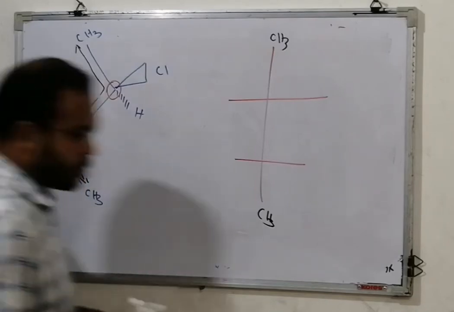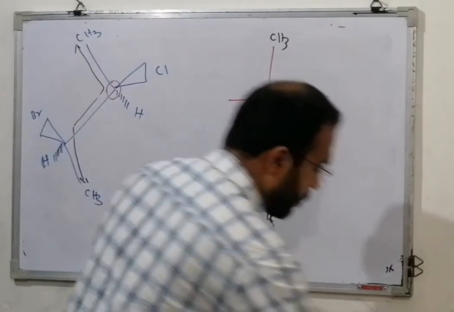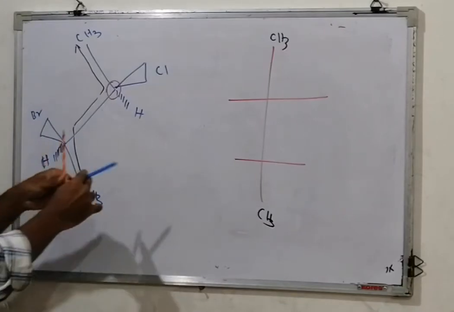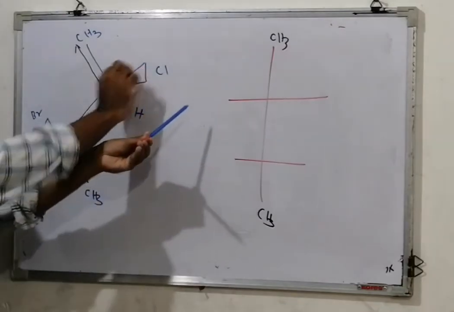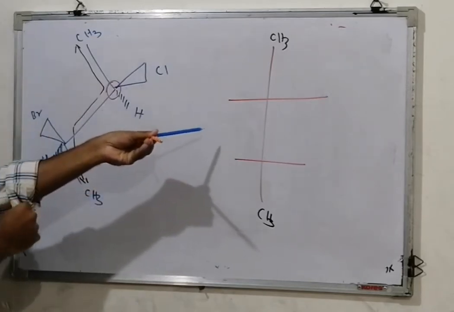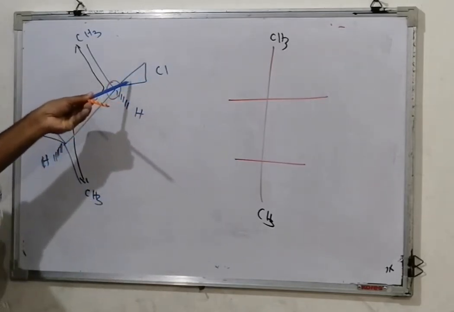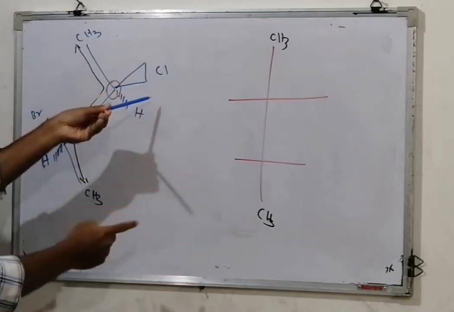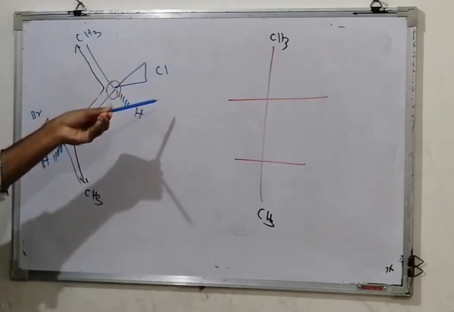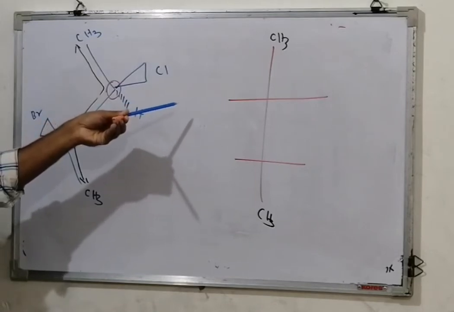You want to rotate this. Now in this structure, Cl is towards you because it is a solid line, hydrogen is like this. This is Cl, this is hydrogen. You want to make both of them towards you.